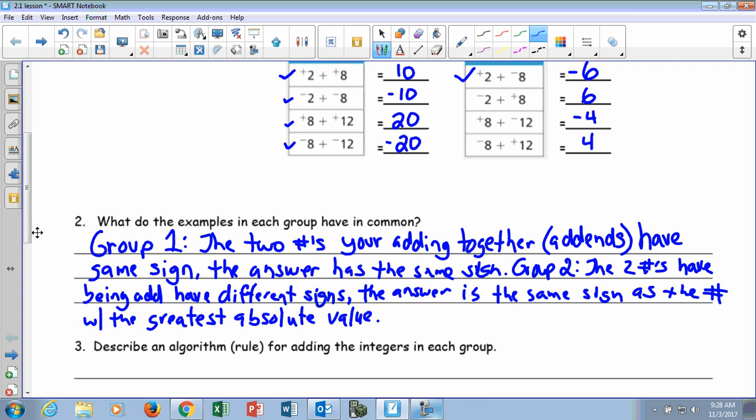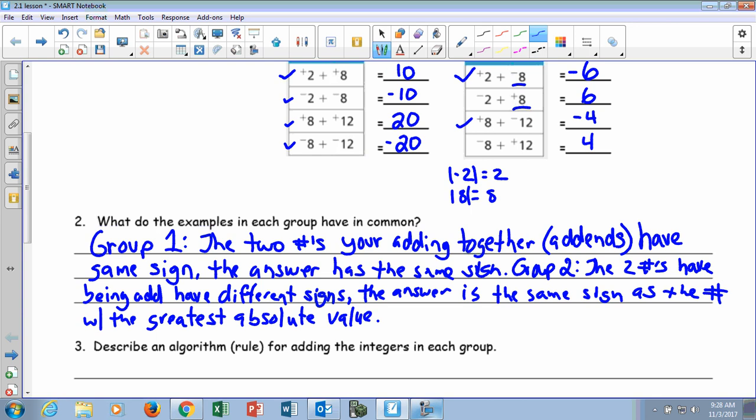How far is 8? 8. So again, this has the greater absolute value. Because remember, the absolute value of -2 is 2, the absolute value of 8 is 8, because that's the units away from 0. Remember we talked about that? All right, so because the 8 is more units from 0, the answer is positive. Because the negative 8 is more units away from 0, the answer is negative.